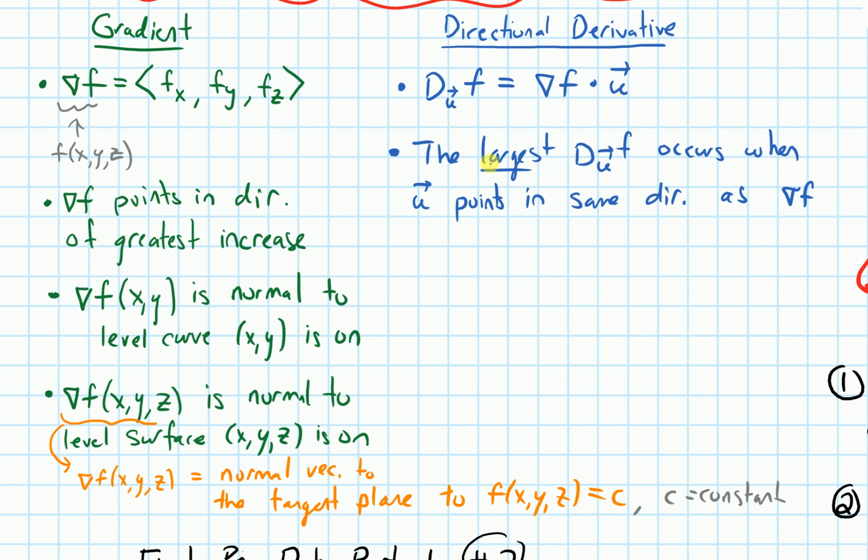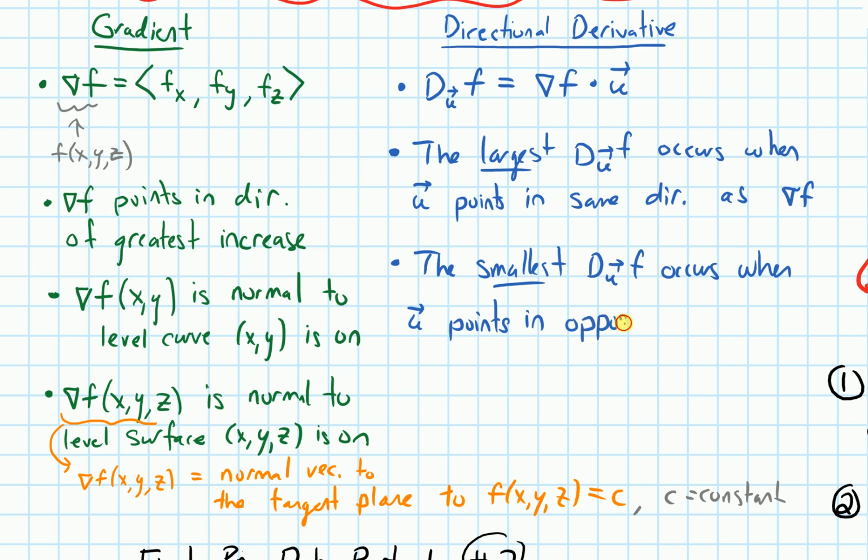It's saying that if you want to find the biggest possible directional derivative, take it in the direction that the gradient is pointing in. Okay, and then on the flip side, the smallest directional derivative occurs when u points in the opposite direction as the gradient of f.